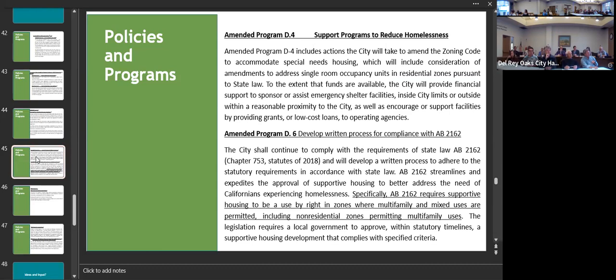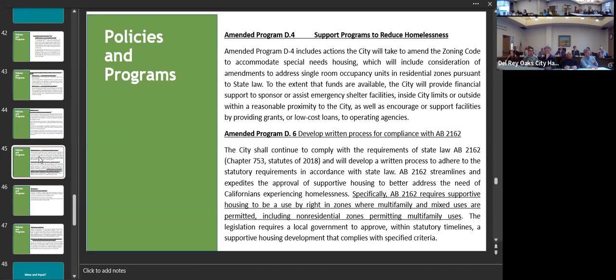And then this is the program that we had before, just amending. It's a program to support and reduce homelessness that's already in the housing element. And we amended it because the emergency shelter ordinance was adopted. And so this is just encouraging the city support of this, very similar to the last program that Jeremy had, and also to report in on a regular basis about that.